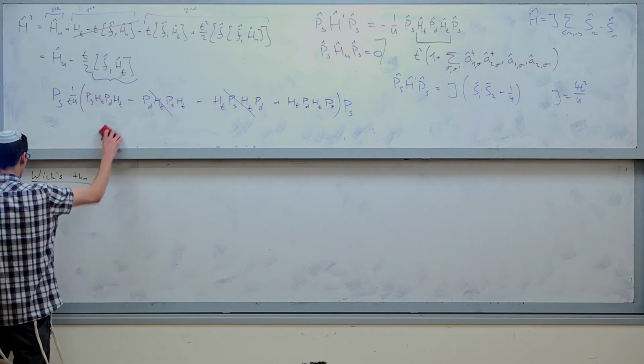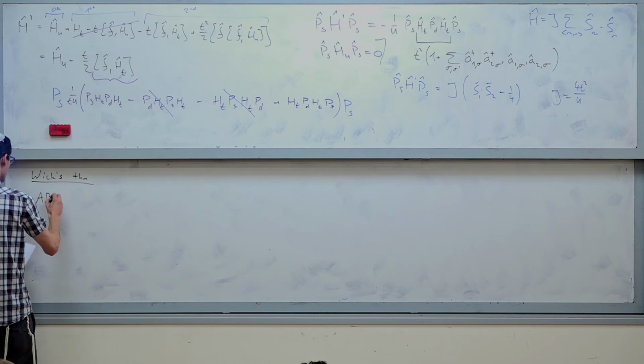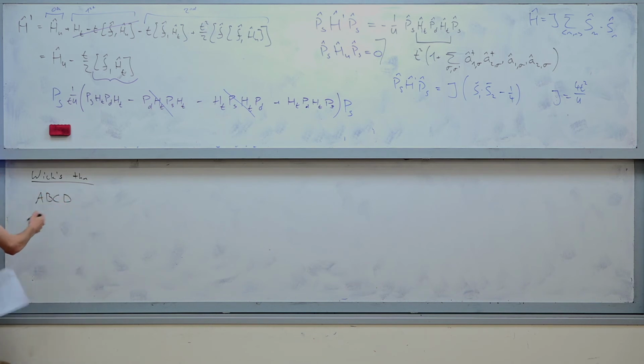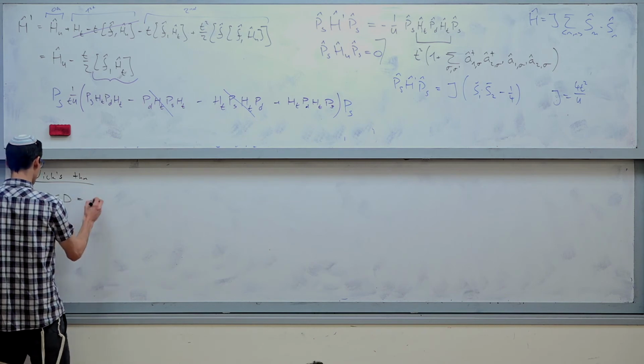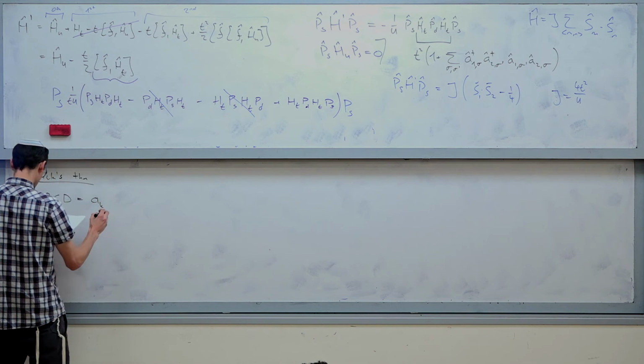So we're going to look at a chain operator, so 4 operators, A times B times C times D, and I'll take a specific example to illustrate what's going to happen.